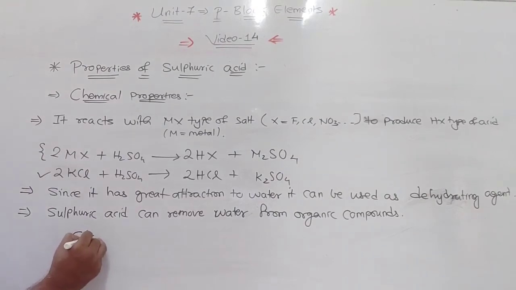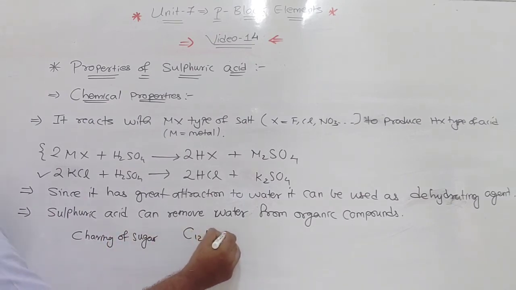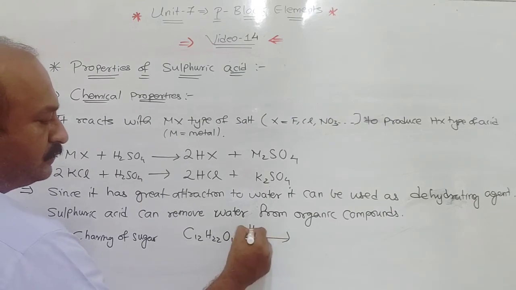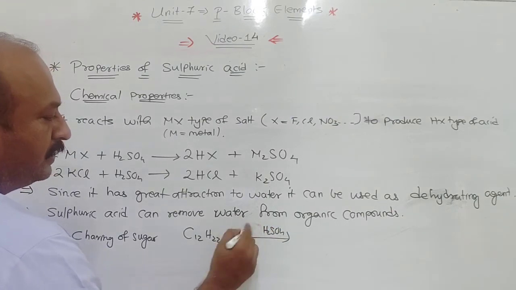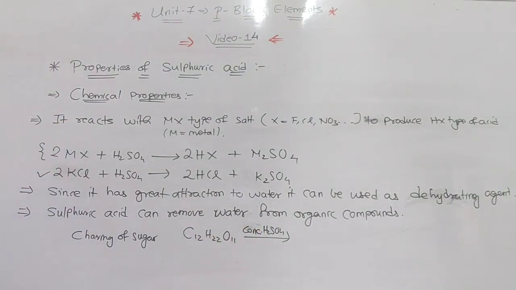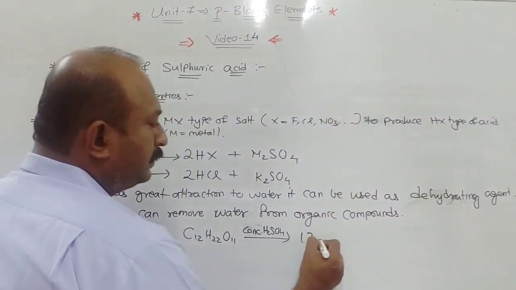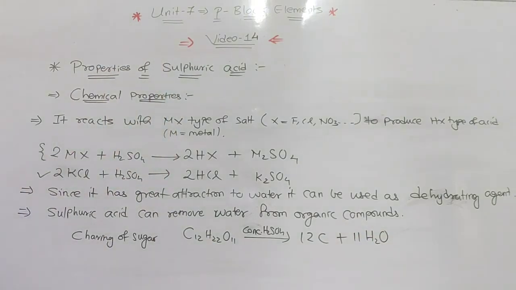From organic compounds, in your book they have nicely given an example of sugar, charring of sugar. Sugar means C12H22O11. If I use concentrated H2SO4, water molecules will be removed, that is 12 carbon plus 11 H2O will be formed.